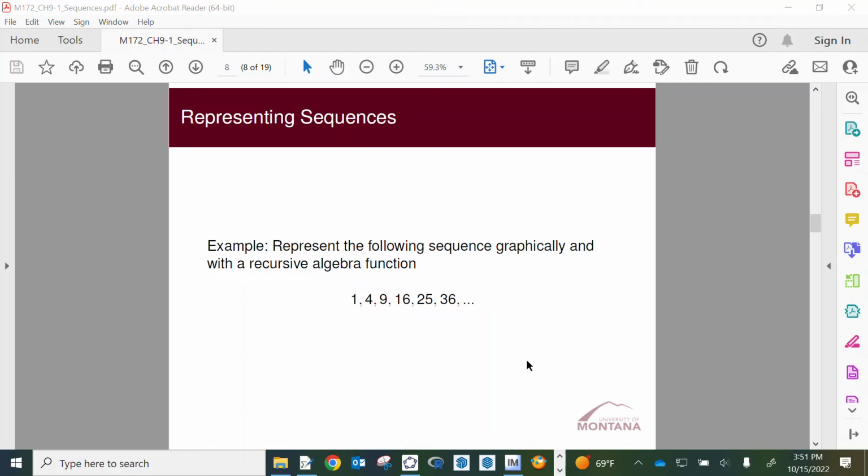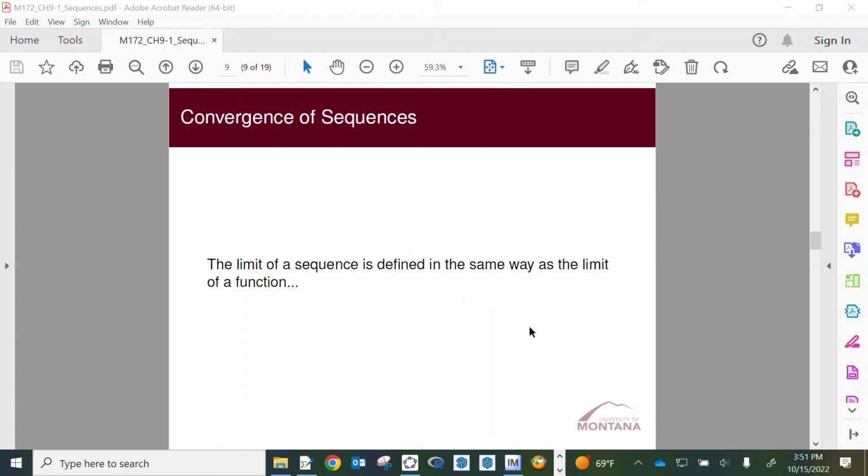It turns out that we can talk about sequences from the standpoint of whether they converge or not. Convergence is just what you would think about it. We think of it as a limit, and the limit of a sequence is defined in much the same way as the limit of a function.